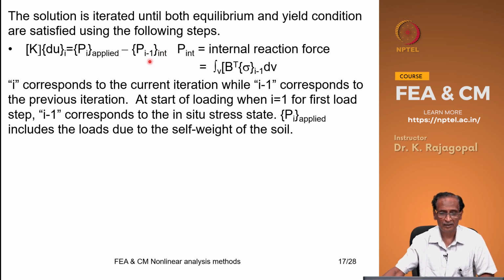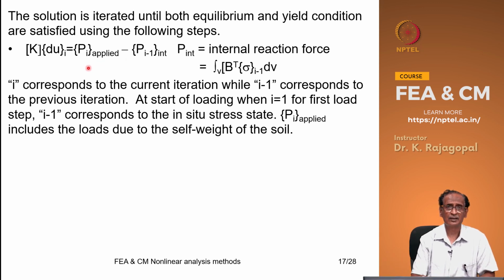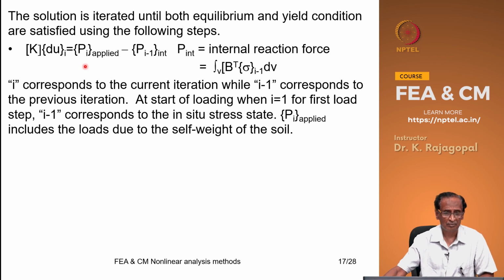And the integral of B transpose sigma_(i-1) is your P_(i-1) internal. As we repeat the analysis, our out of balance stress will go on decreasing, and your incremental displacement will also go on decreasing, and at some stage we might have convergence.